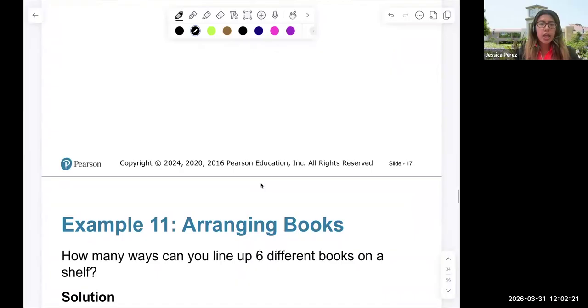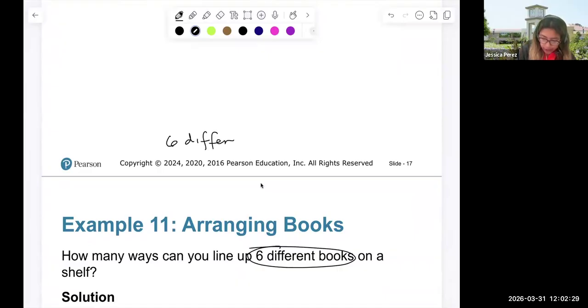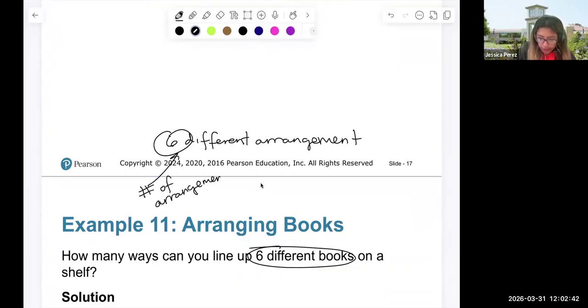Let's look at a different one. How many different ways can you line up 6 different books? The 6 is the number of arrangements, that would be the number n. So it's going to be 6 factorial, or 6 times 5 times 4 times 3 times 2 times 1.